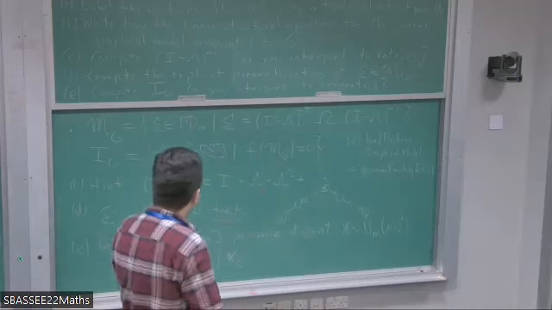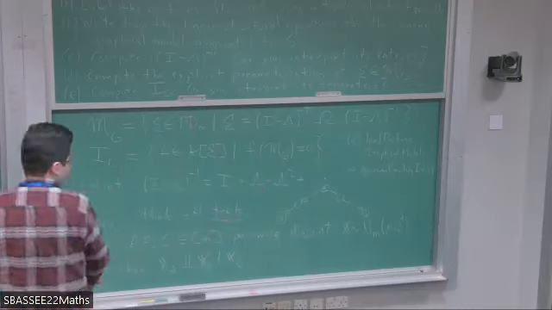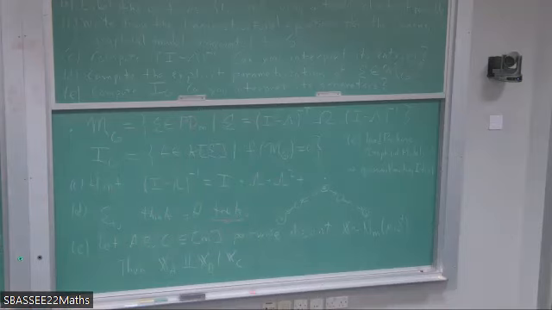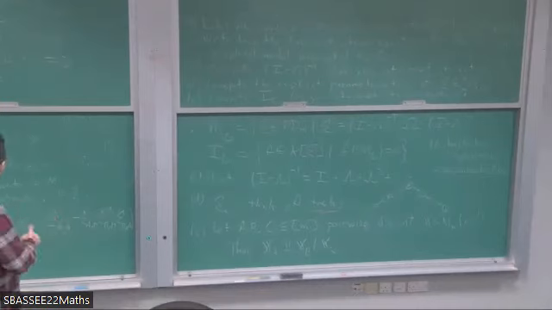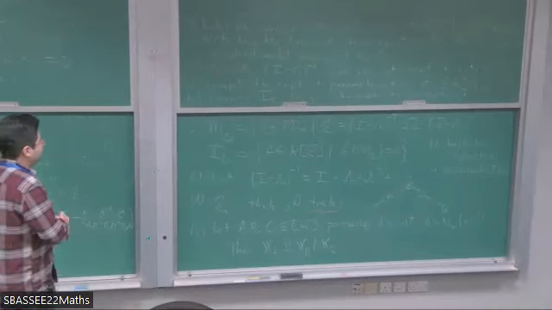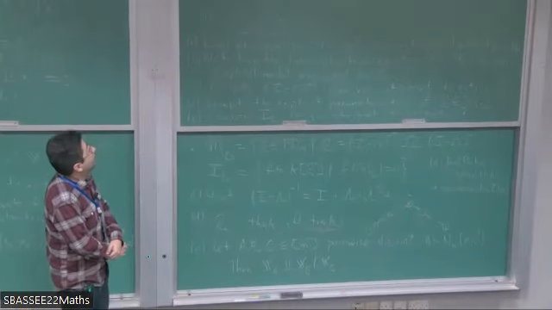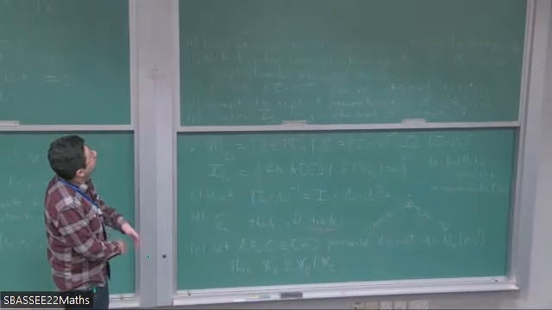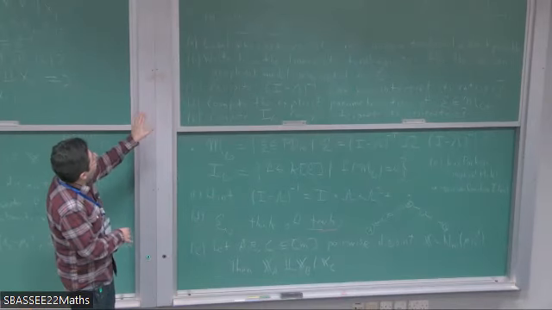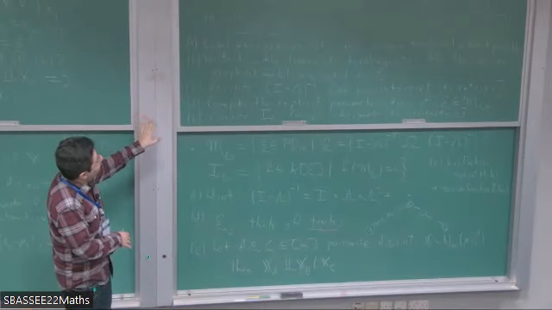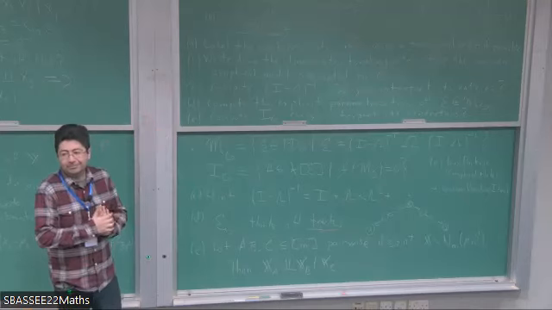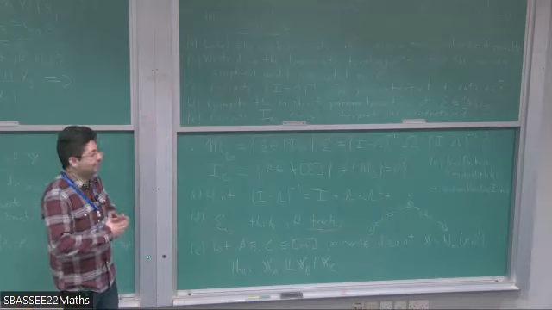Okay, so let me give the second part of the hints, and then there will be a bit more time at the end to take these into account. For problem 2, I hope there are no issues with part A or part B. From the definition, this should be easy.